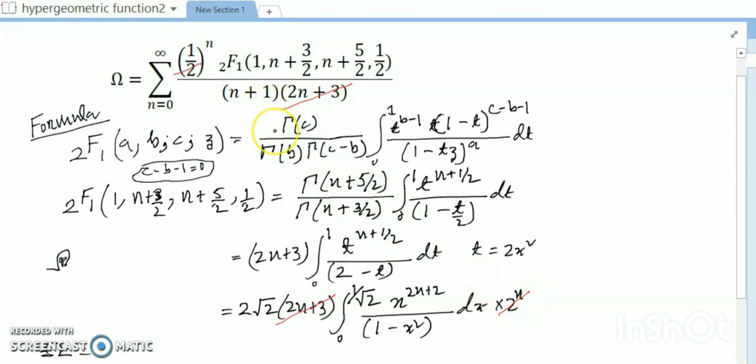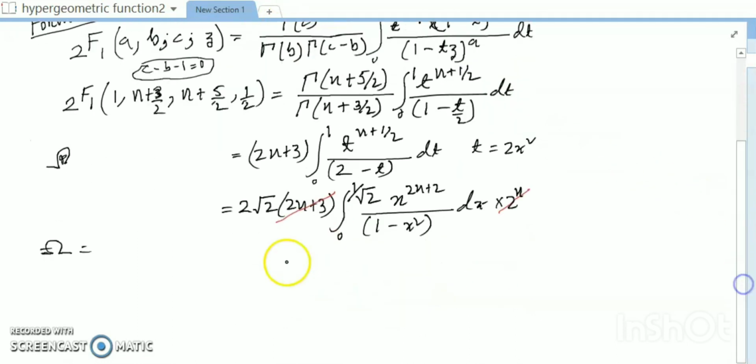So n plus 1 is remaining. You note that.